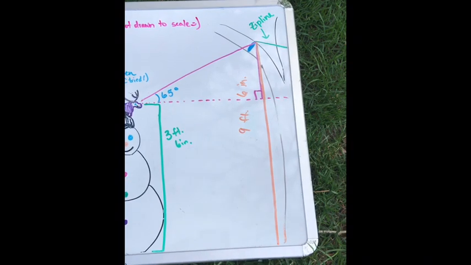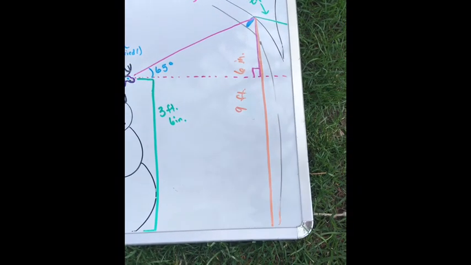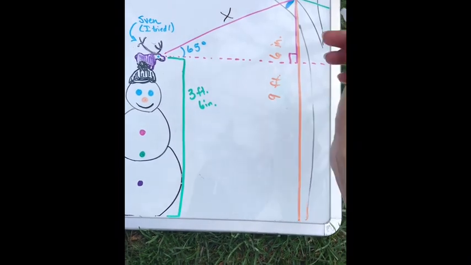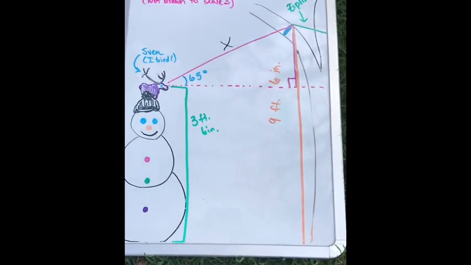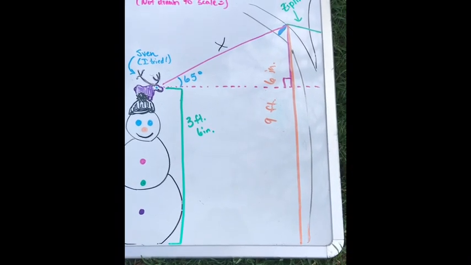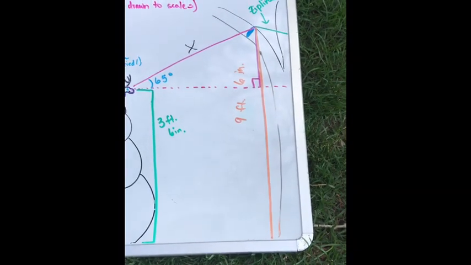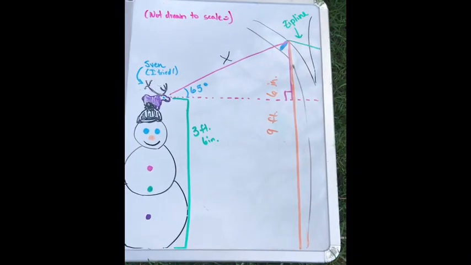All right, so we have to figure out the distance here. I'll put an X. We're finding that distance. We have this angle of elevation, and we actually do have one side of the triangle, and this is where it gets a little tricky.